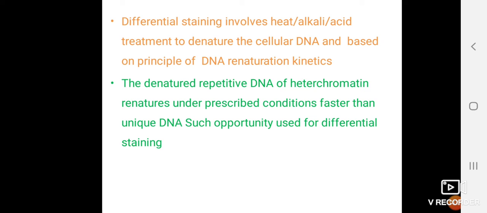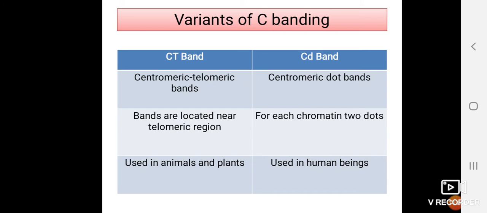Differential staining involves heat, alkali and acid treatment to denature the cellular DNA, based on the principle of renaturation kinetics. The repetitive DNA of heterochromatin renatures faster under the prescribed conditions than unique DNA, which allows differential staining. These are the variants of C banding: we have CT and CD banding.